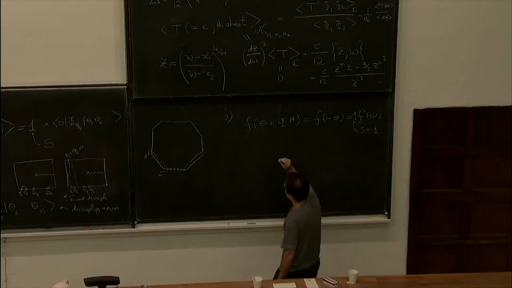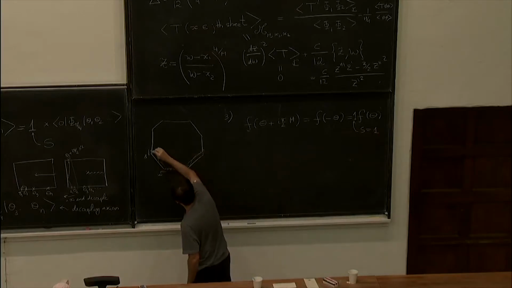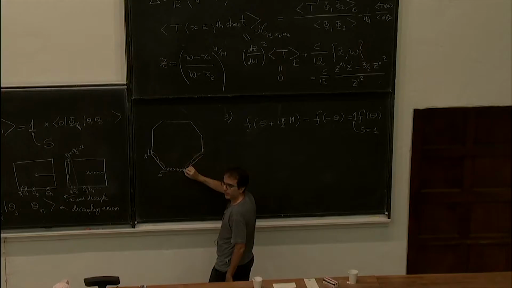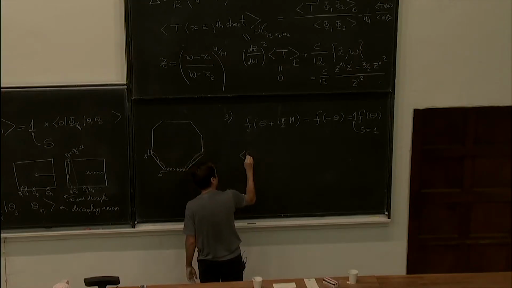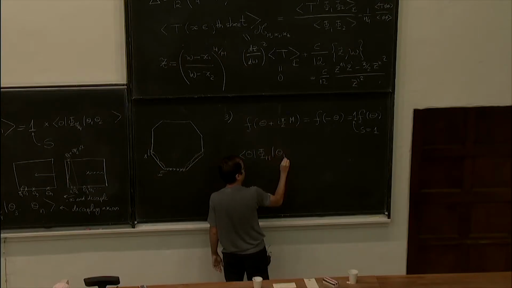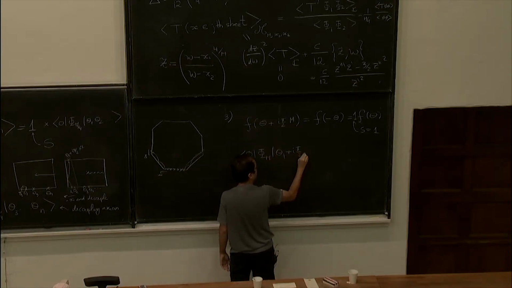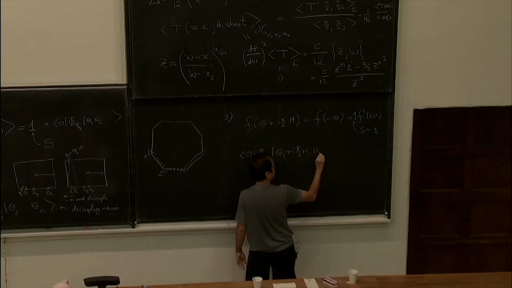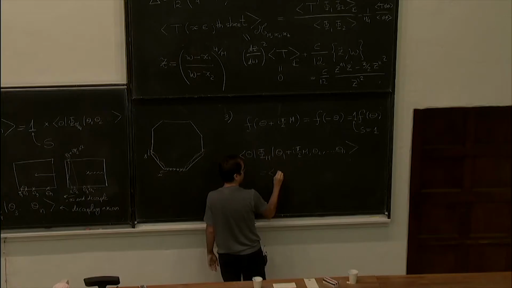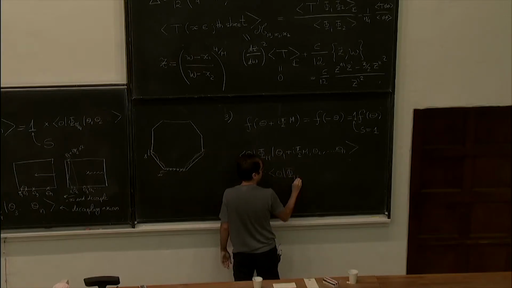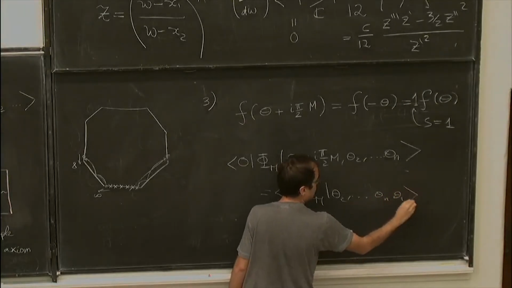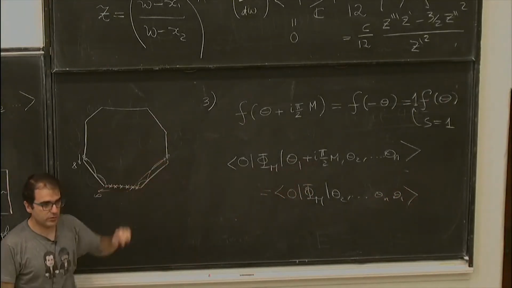More generally, what I'm saying is that I take a particle, I move it around the world, and when it gets back, it's on the right. So more generally, the equation is that if I have my form factor, and theta 1, I do m weak rotations, and then I have theta 2 up to theta n, what I should get, and what we can check we get, is the same thing, where now theta 1 is at the end, because it just moved all the way around.